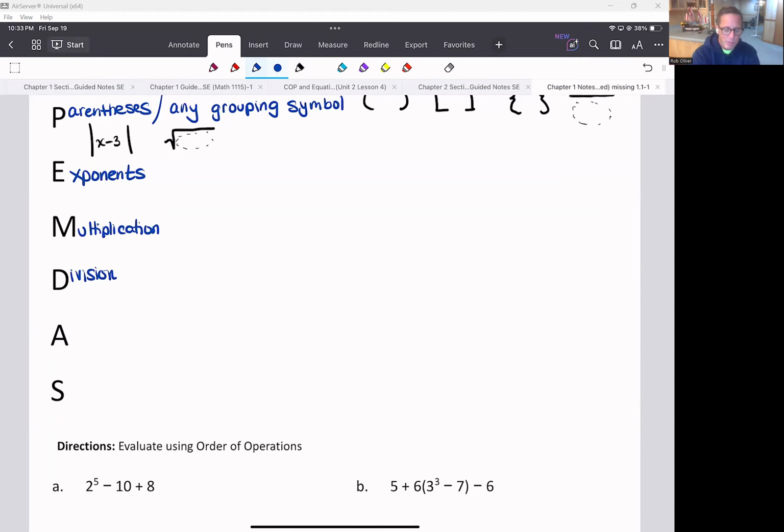Maybe you know this, maybe you didn't, but it's very important that you know this. When multiplication and division are together, it's whichever appears first, whatever occurs first from left to right.